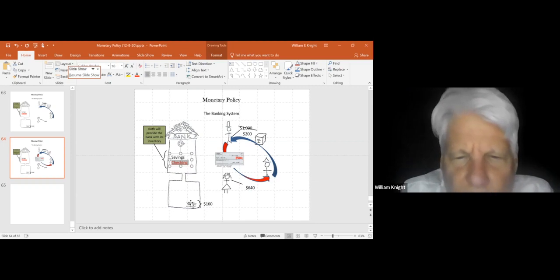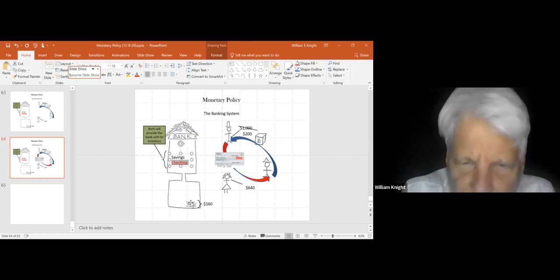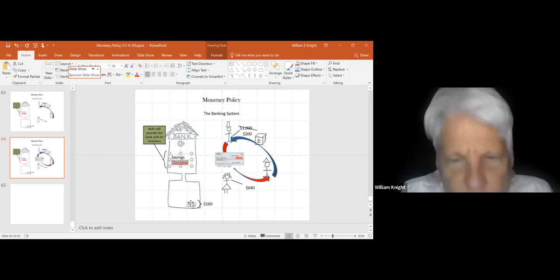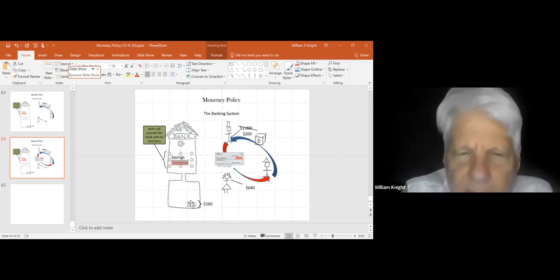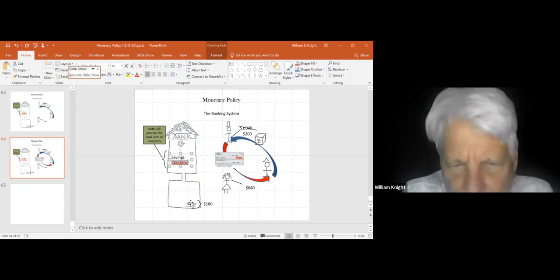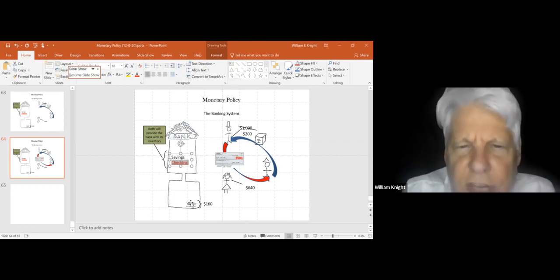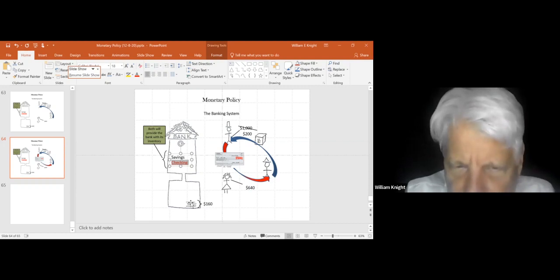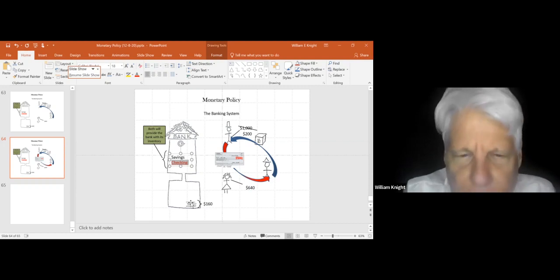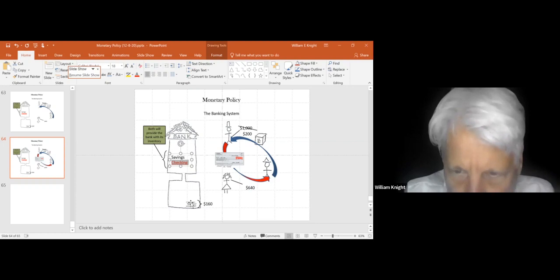Now, why do we use the fractional reserve system? How successful is the fractional reserve system? And are there any drawbacks to using the fractional reserve system? Well, we use the fractional reserve system because this is the only system that permits banking institutions to be profitable.